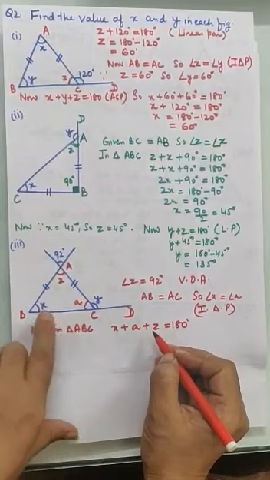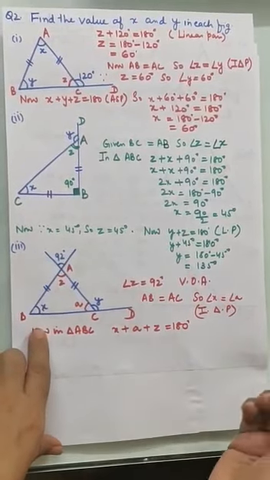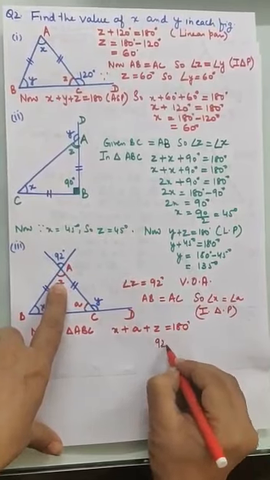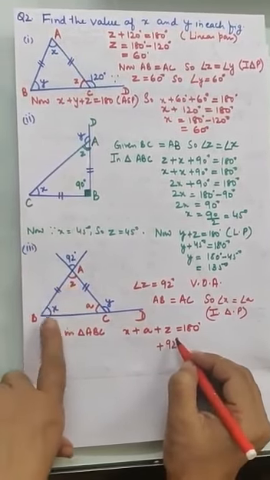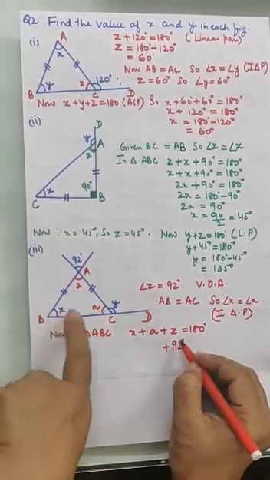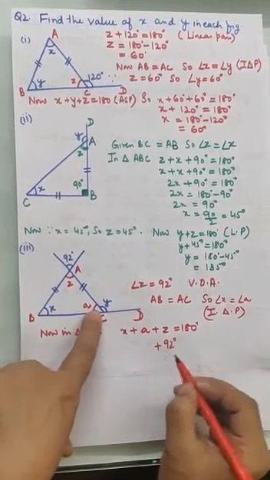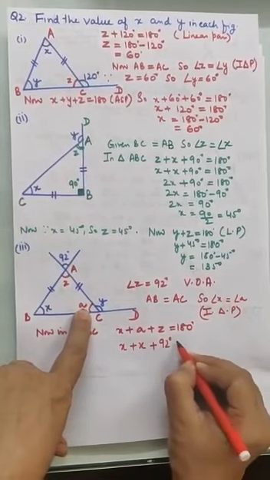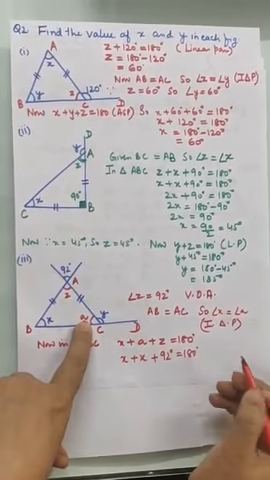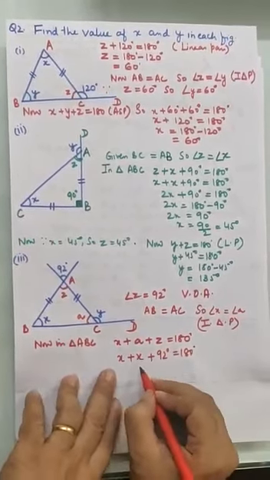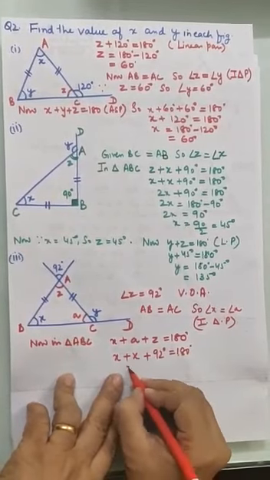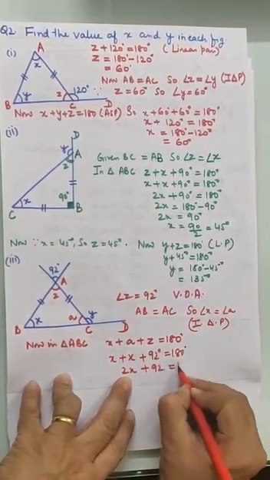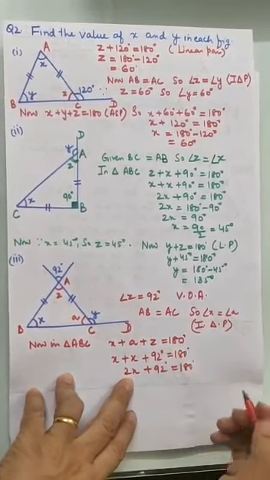Okay. Now what we have seen, angle Z is how much? 92 degrees. So in place of Z we write 92 degrees. And these two angles are equal. So both of these we will take as X. So X plus X is how much? 2X plus 92 degree equal to 180 degree. Okay.